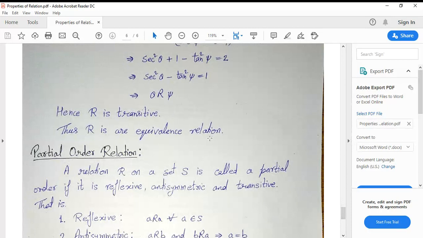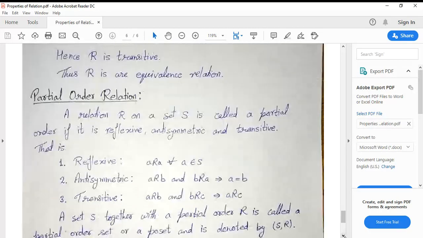Now let's take the partial order relation. So what is a partial order relation? A relation R on a set S. Earlier we took the set A, but you can take any set. So here we take a set S, and the relation R on this set is called a partial order if it satisfies three properties: reflexive, antisymmetric and transitive.